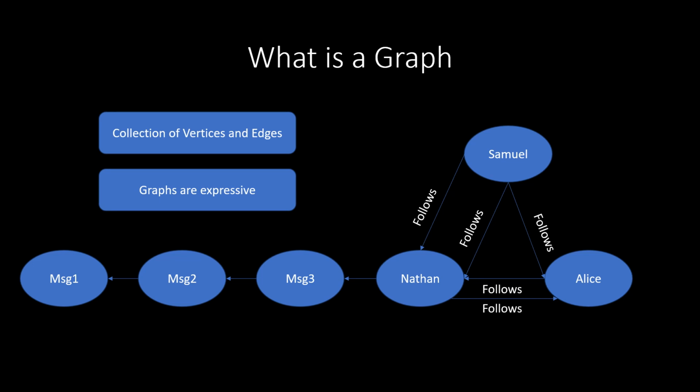Though the actual scale for Twitter will be huge, it gives an idea of how social content can be represented in graph format. We can see three people connected by follows relationships. Messages are also part of the same graph, though the properties of message nodes will be different from the properties of people nodes.